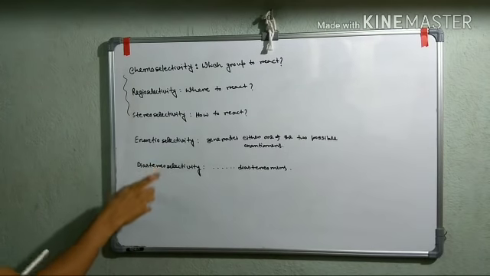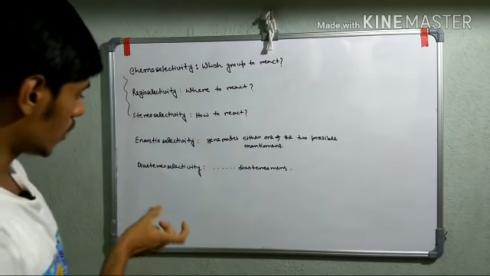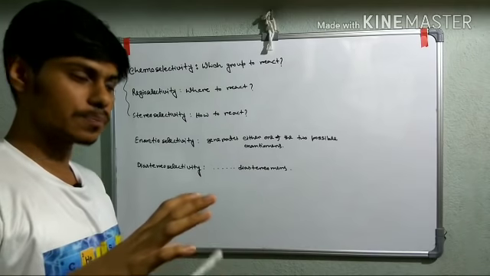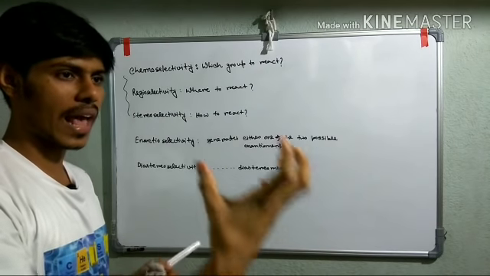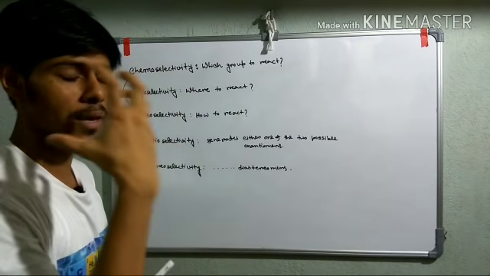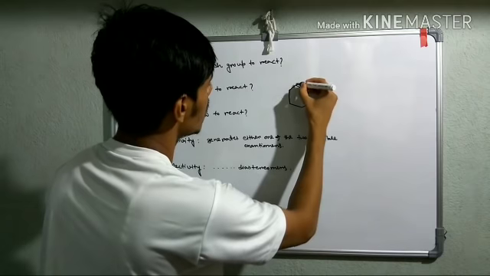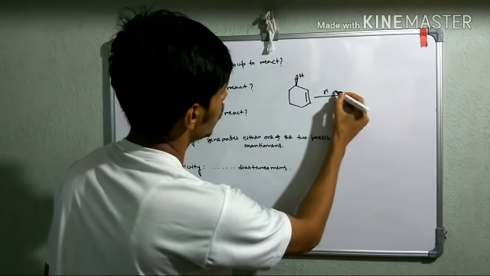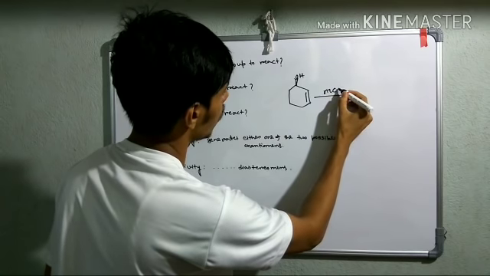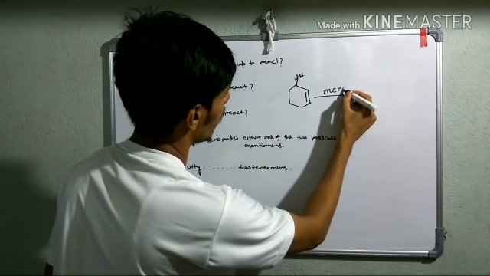Now the enantioselectivity and diastereoselectivity. Diastereoselectivity means whenever you are doing a reaction and you are getting one diastereomer as your major product, this is called diastereoselectivity. For example, the same epoxidation reaction, let's say you are doing epoxidation with this particular compound using metachloroperbenzoic acid.